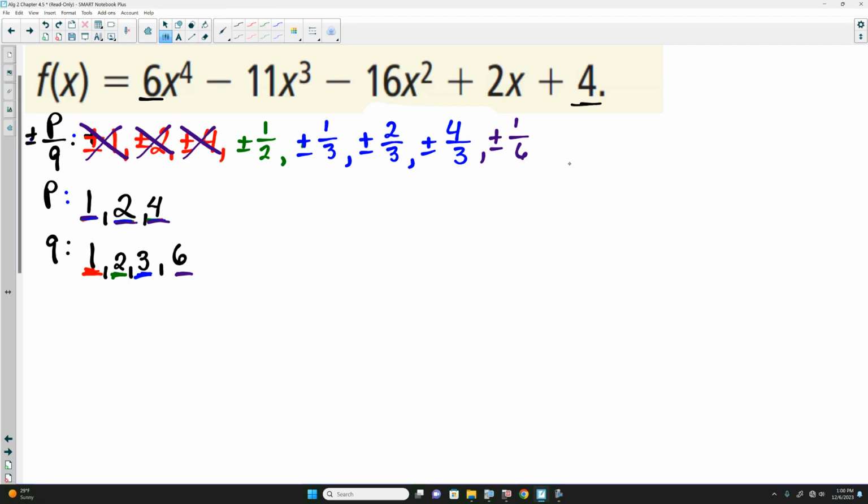And if we look at all these here, let me get a highlighter. Positive 1/2, -1/2, positive 1/3, -1/3, positive 2/3, -2/3, and positive 1/6 and -1/6.